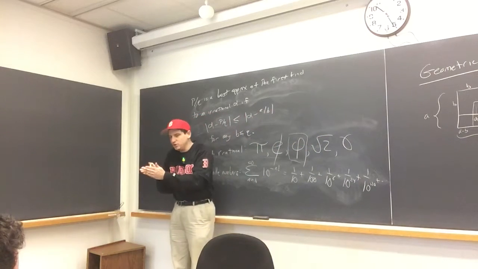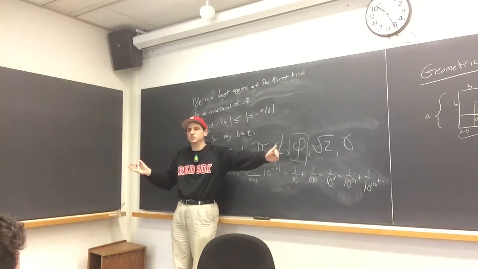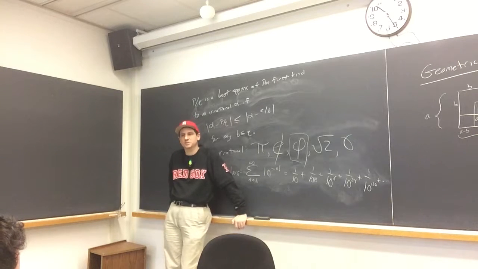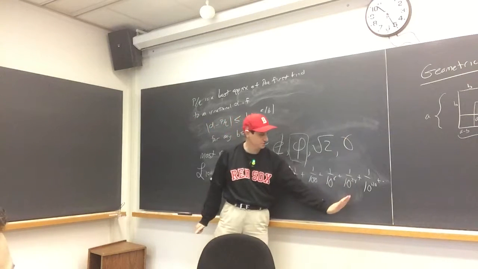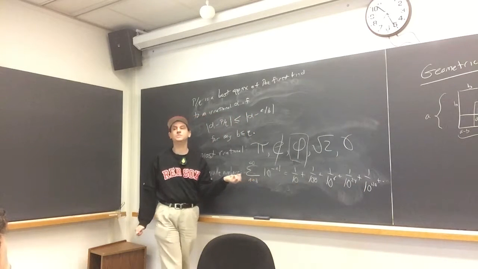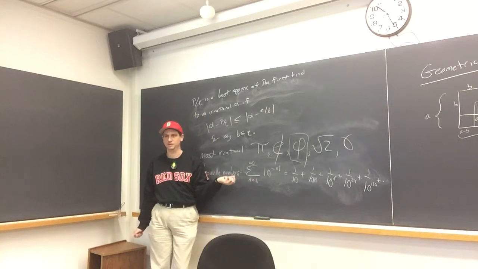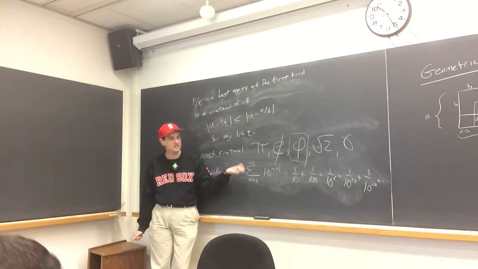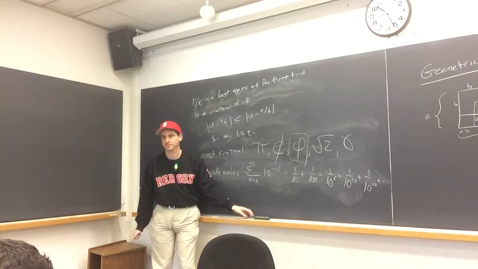You know, talk about huge deserts of zeros before you get any action in the decimal expansion. If you truncate this, your error is just a little bit more than 1/10 to the 120. These numbers are extremely well approximable. And what we will show is that these numbers are in fact transcendental.